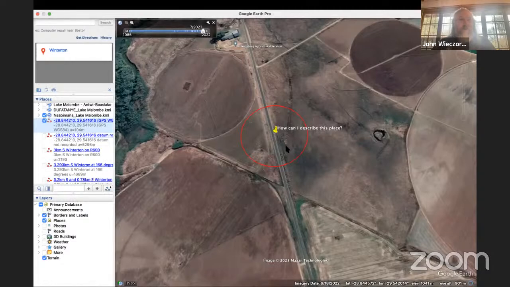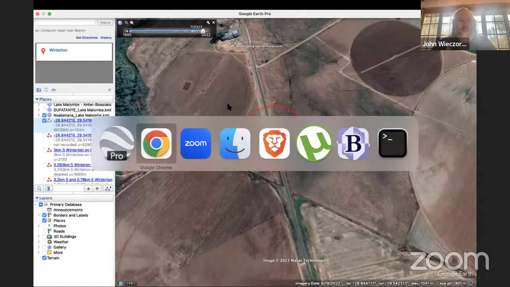Does that make sense? I need to use some other reference. The nearest thing I could use would be perhaps this building. I could do some kinds of offsets from that building, and that would be a good thing to do. I can't do a feature only.